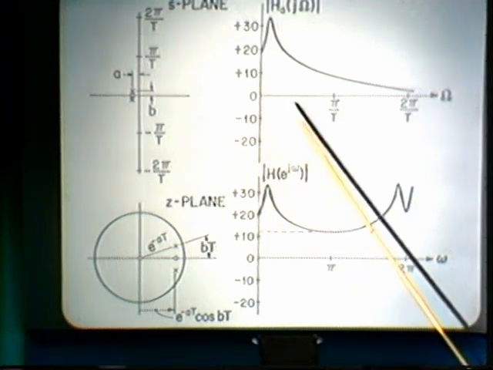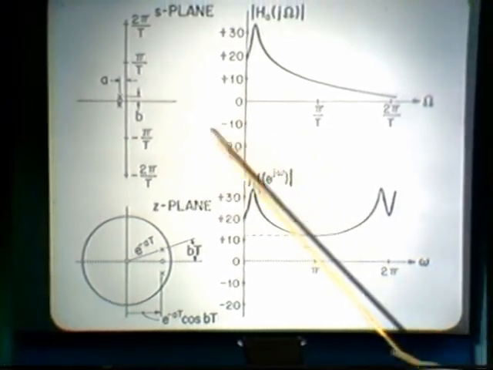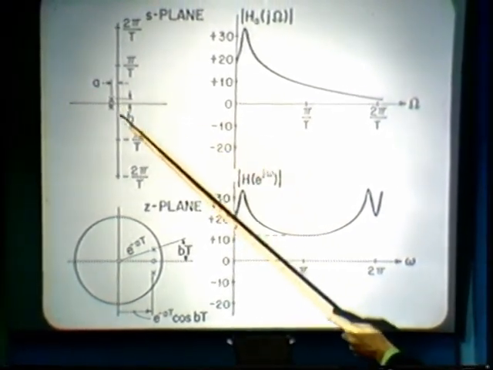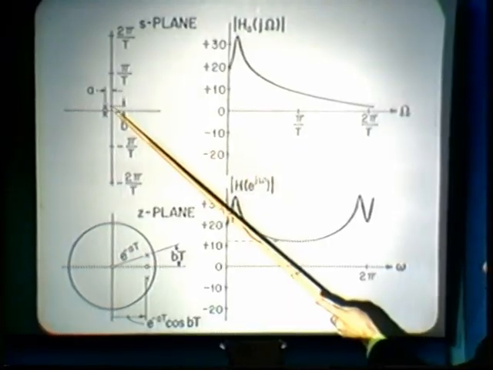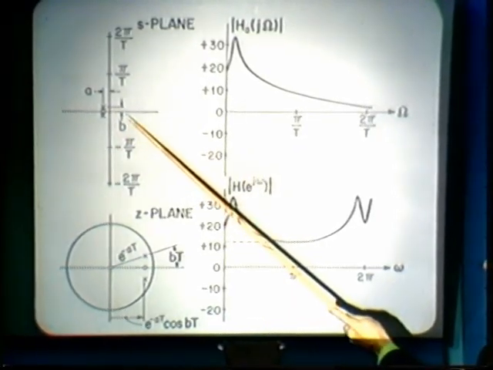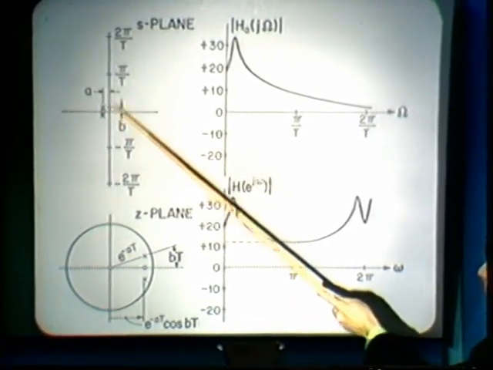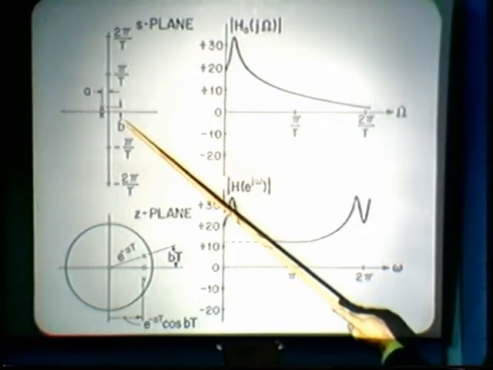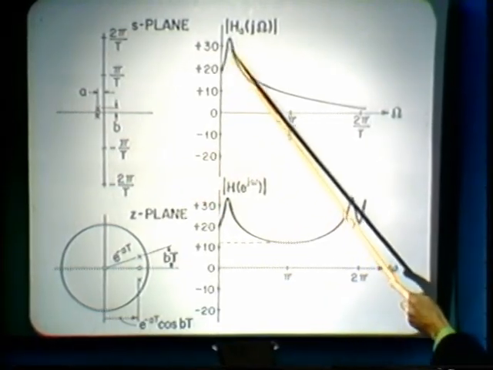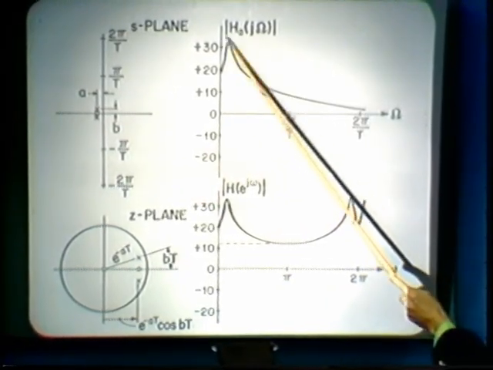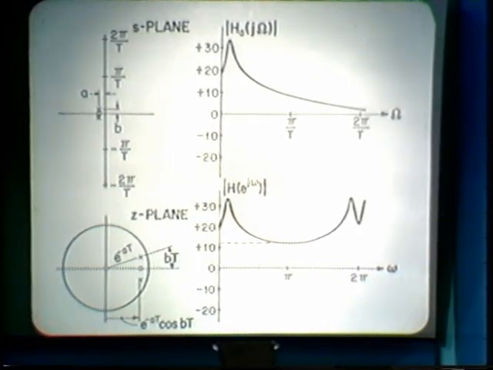Well, to see what happens to the frequency response, for this particular analog example, we have a resonance at a frequency corresponding to the vertical position of these poles, and that's the resonance that we have here in the magnitude of the analog system function.